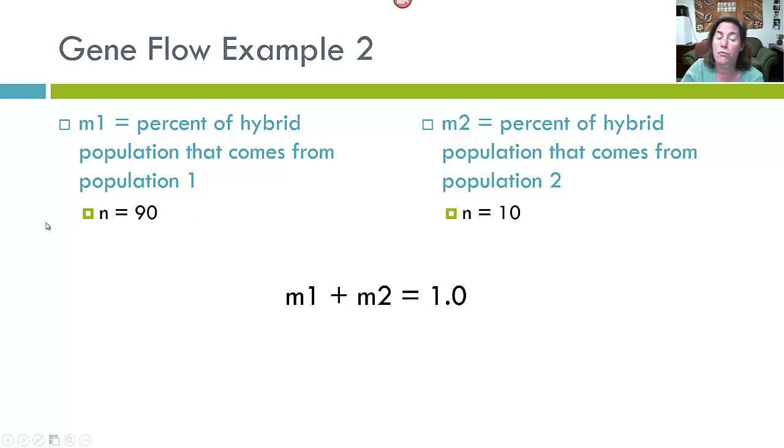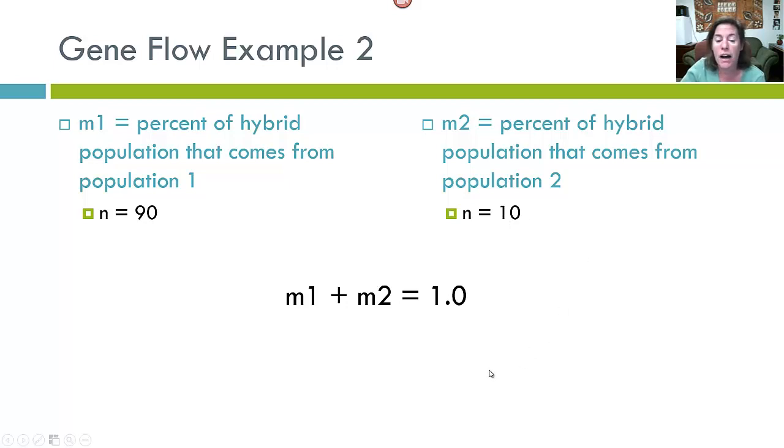If you remember from a couple slides back, we said there were 90 individuals in population 1, and 10 individuals in population 2. So 90% of the hybrid population is coming from population 1, 10% of the hybrid population will be coming from population 2.